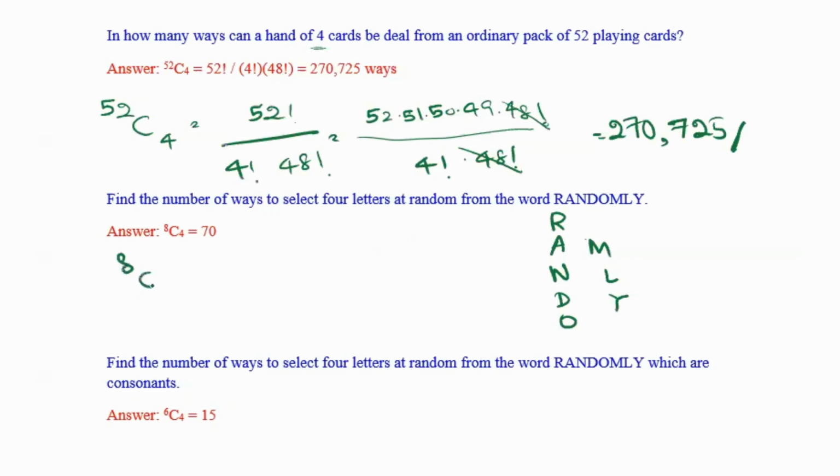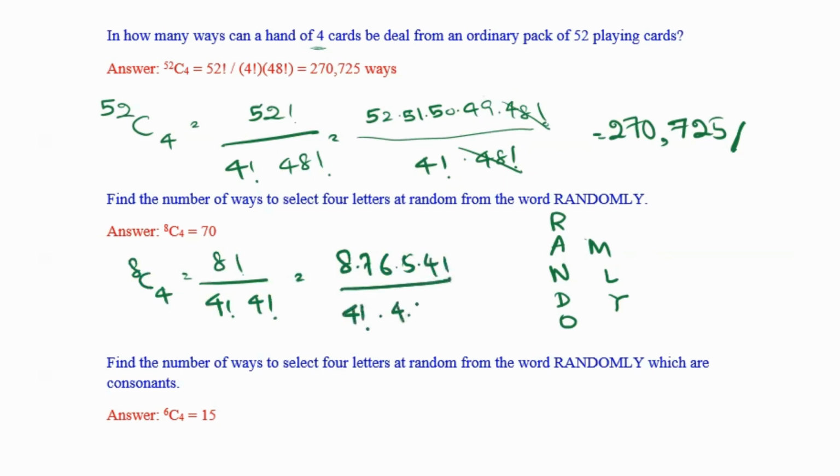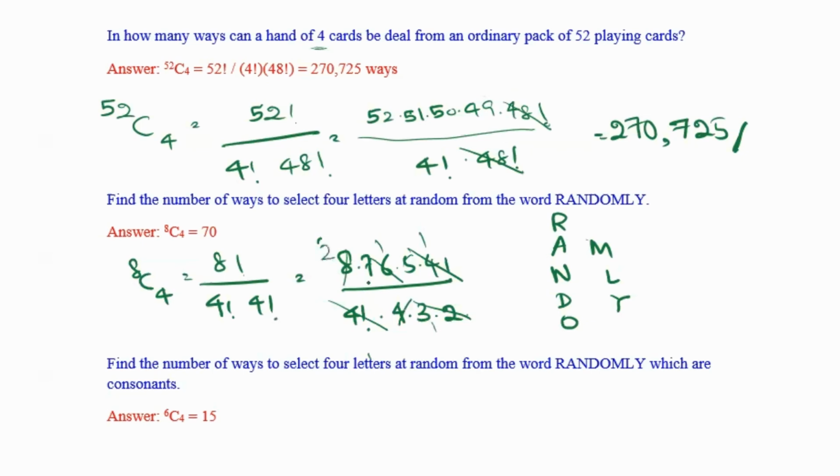Out of the 8, let us select 4, which is 8C4: 8 factorial divided by 4 factorial times 4 factorial. So the answer becomes 8 times 7 times 6 times 5 times 4 factorial over 4 factorial times 4 times 3 times 2, because I know only one of them will get cancelled out. I can see 7, 6, 5. 3 times 2 is 6, I know that. 4 times 2, isn't it? And that gives me 7 times 2 times 5, which is 14 times 5, and the answer becomes 70.